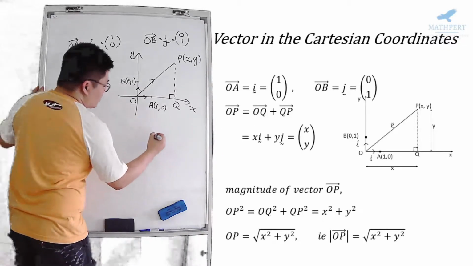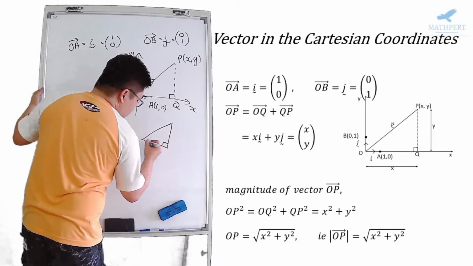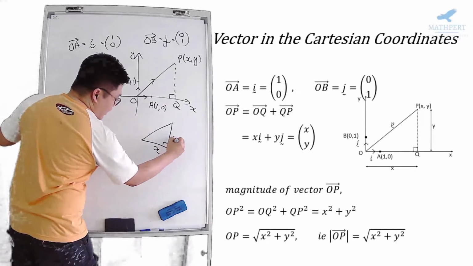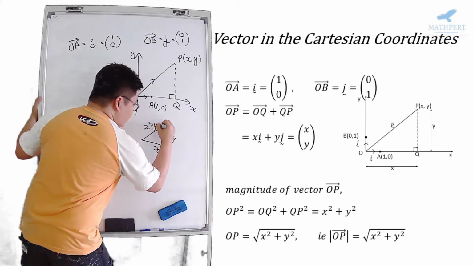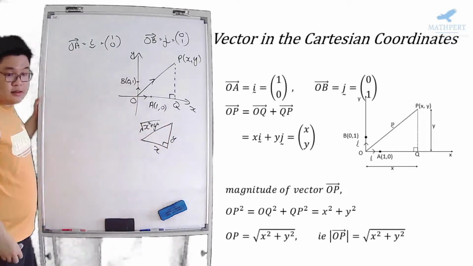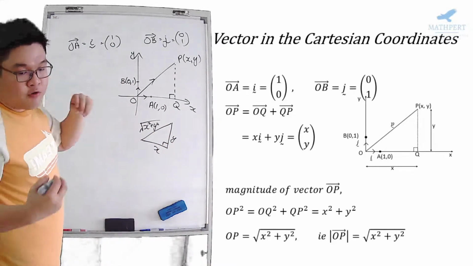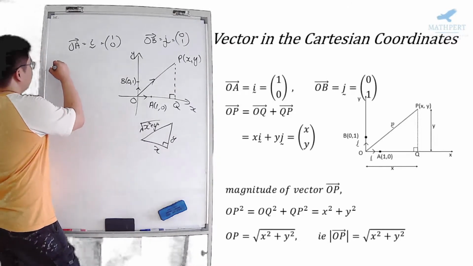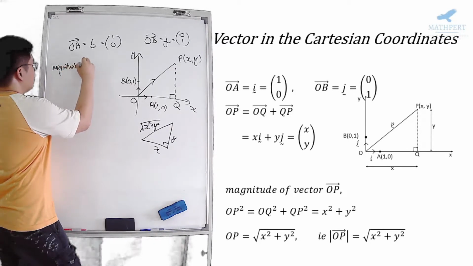Pythagoras theorem means that in the right angle triangle, if this is x, this is y, so this will be x squared plus y squared, square root, isn't it? Okay, so in this part, the magnitude of the vector OP, in this case is magnitude of OP.